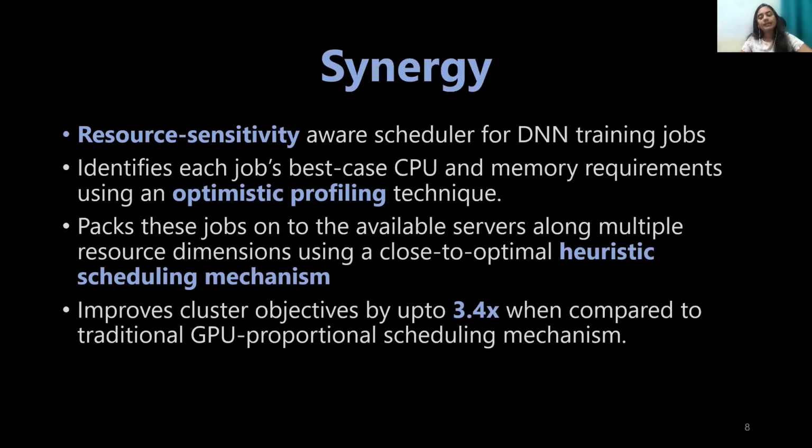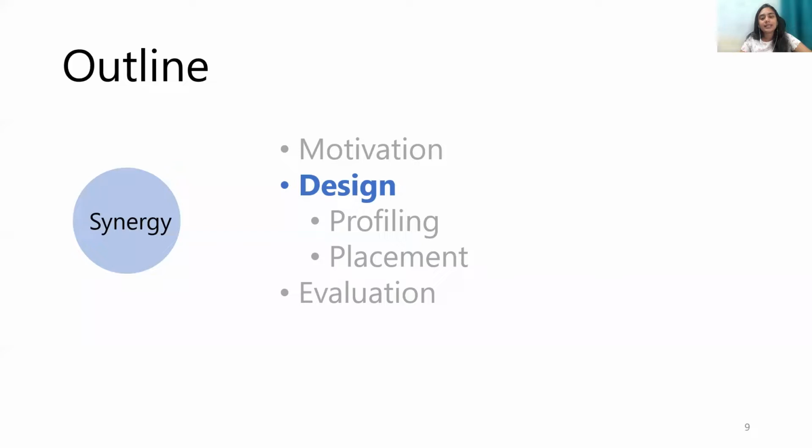So using these techniques, Synergy is able to improve the overall cluster metrics, like the average job completion time, by up to 3.4 times compared to the traditional GPU proportional allocation for the same scheduling policy. So in the rest of this talk, I'll talk about the design of Synergy and present some evaluation numbers.